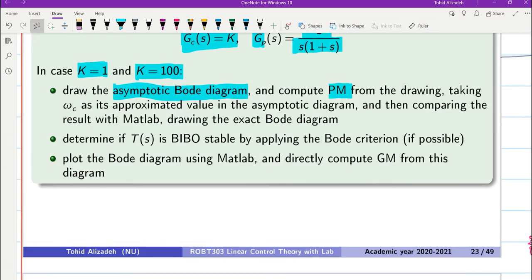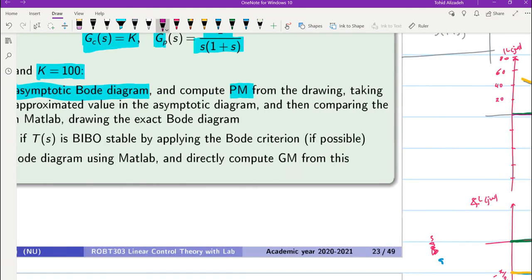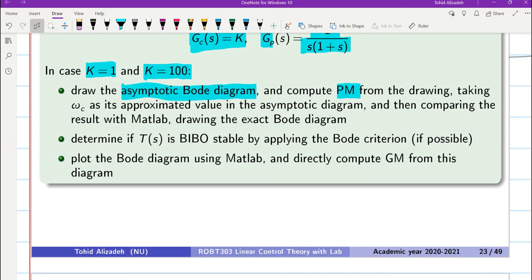Okay, so then we need to determine if the closed loop system is Bode stable by applying the Bode criterion. It is stable because phase margin is bigger than 0 for the system. And we will plot the Bode diagram using MATLAB and directly compute the gain margin from this diagram.